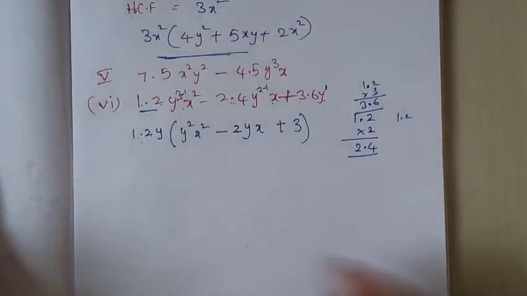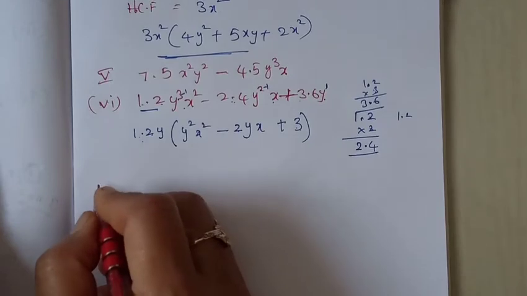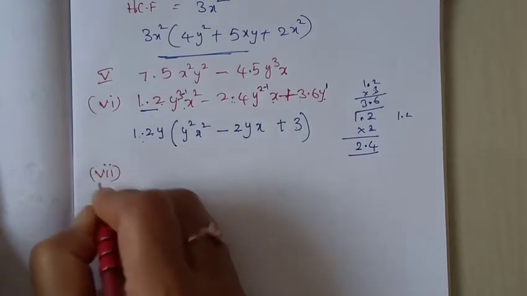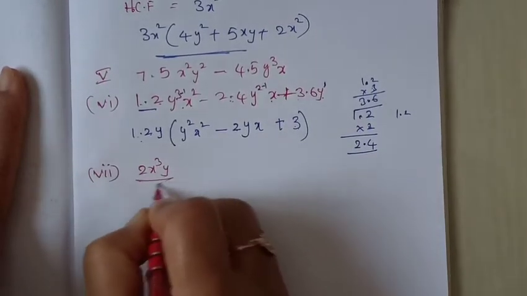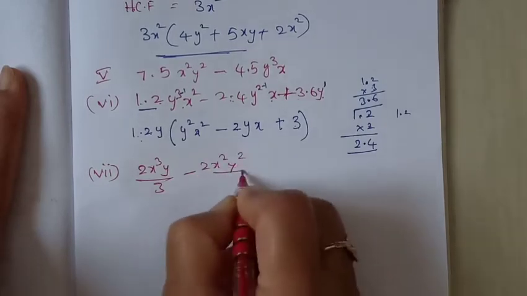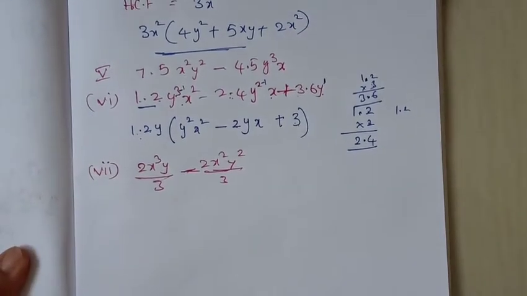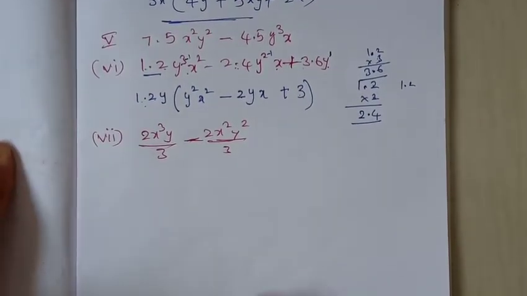Okay, next problem. Seventh problem now. 2x cube y by 3 minus 2x square y square by 3. Okay, simple logic here. Only 1 by 3 we will take as common.